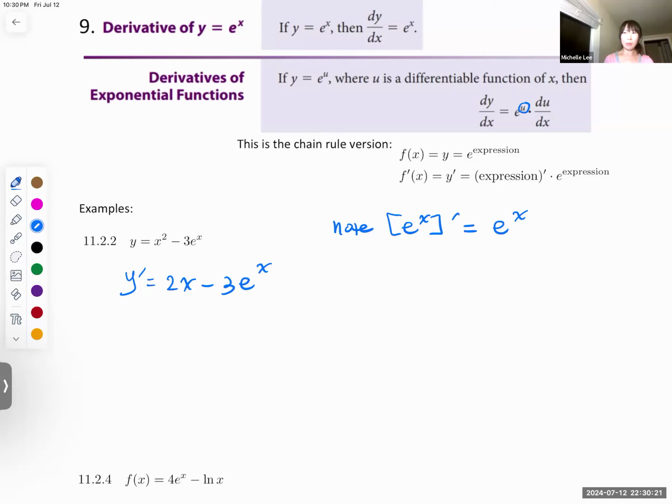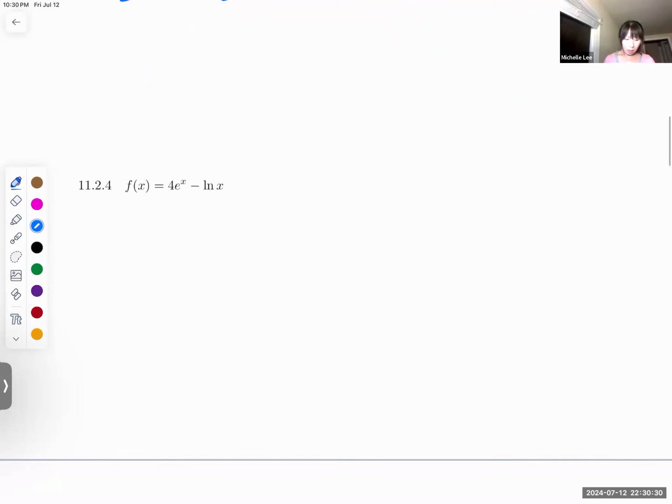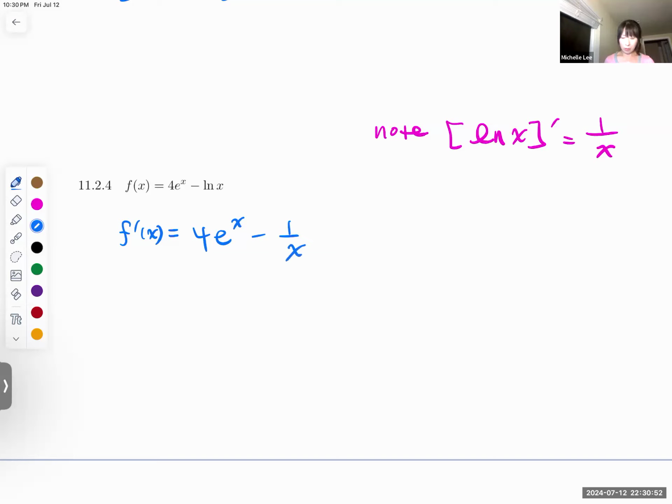Okay, for the second term, we take the derivative of the first term, keep the coefficient, and we get the same. Then we need the natural log of x. We take the derivative and we have 1 over x.